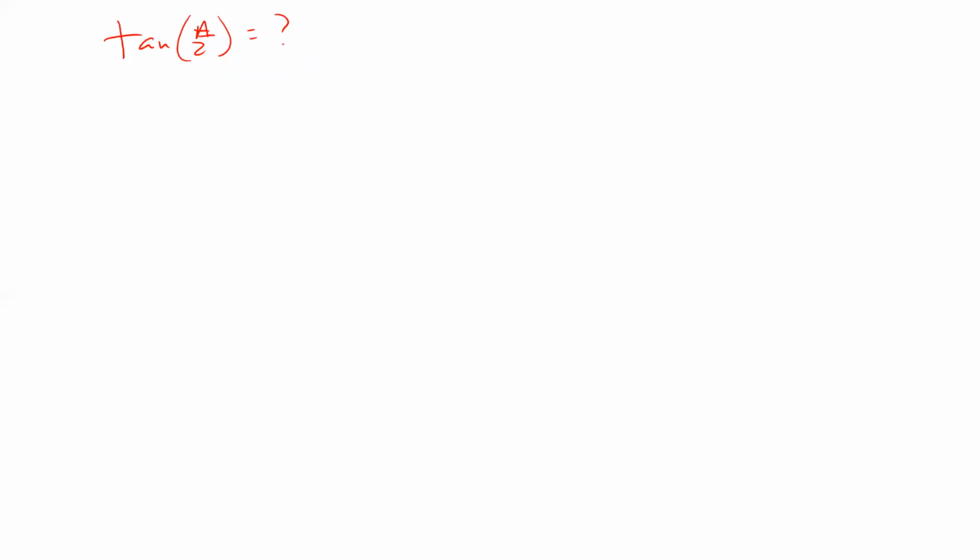So tangent, half angle formula for tangent. Well, let's do what we always did. We're going to make this one into a sine over cosine. And just see what happens. Let's see the top.